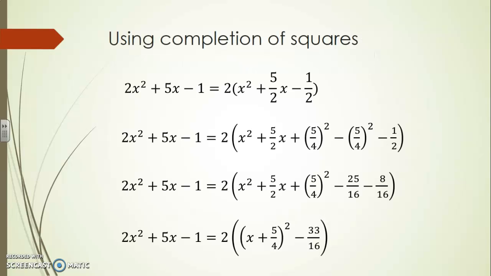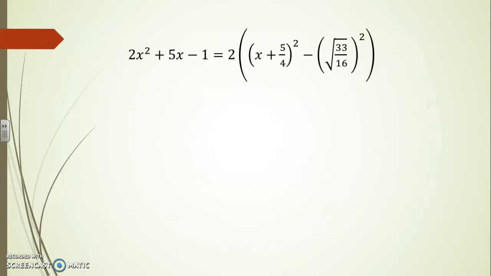So I'll just go back to the previous slide here and point out that in the last step of our procedure, you've probably noticed that we are subtracting two terms. (x plus 5 quarters) squared minus 33 over 16 could certainly be perceived as a difference of squares. And that's how I've chosen to present it in this next operation.